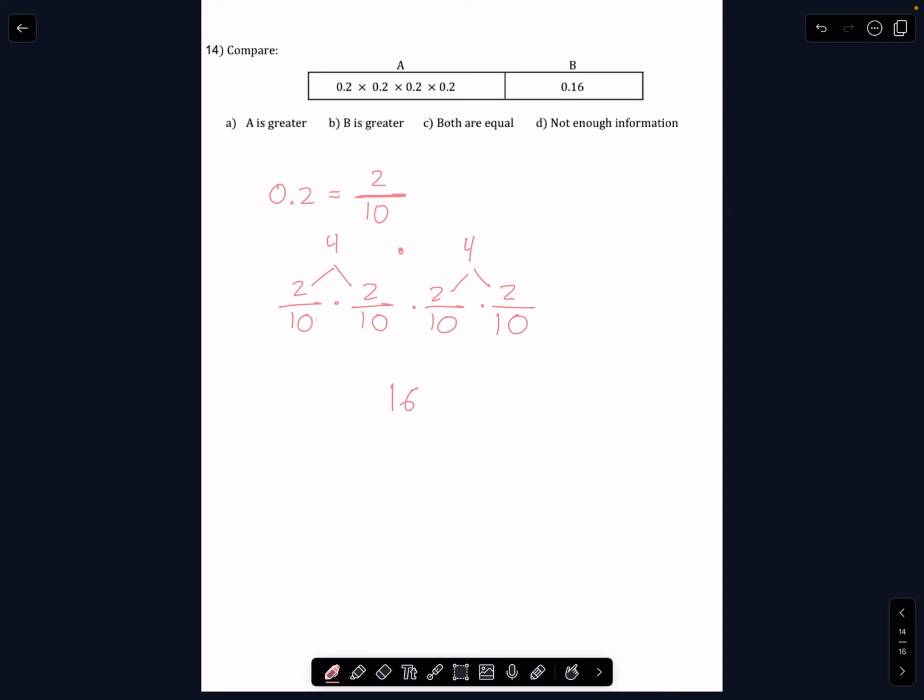And we have here 1, 2, 3, 4 zeros. So that would be 10,000, right? And here, 0.16 is equal to 16 over 100. And we know 16 over 100 is greater than 16 over 10,000. So therefore, B is greater for number 14.